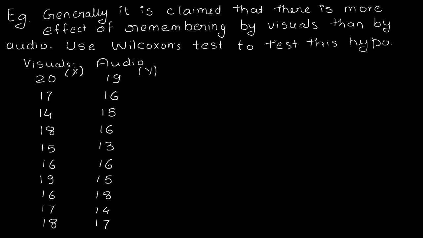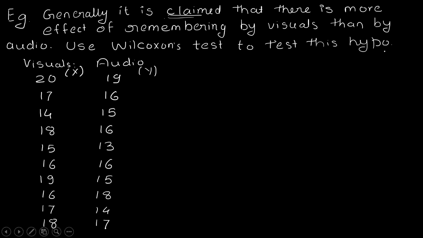Now the first thing is what it is asking: the claim is that there is more effect of remembering by visuals than by audio. This should be my alternative hypothesis.